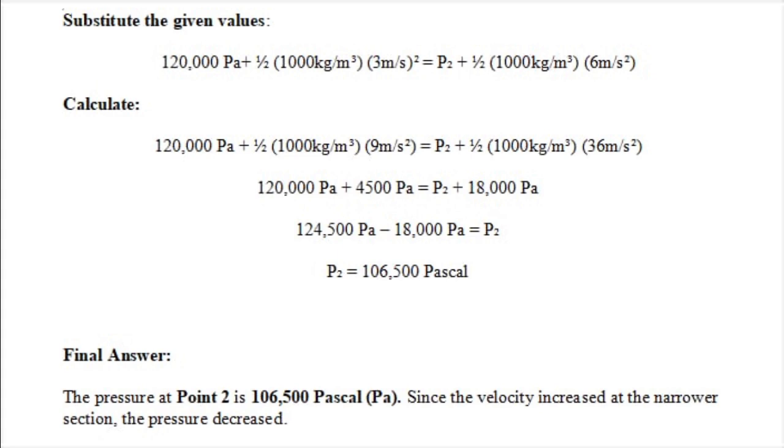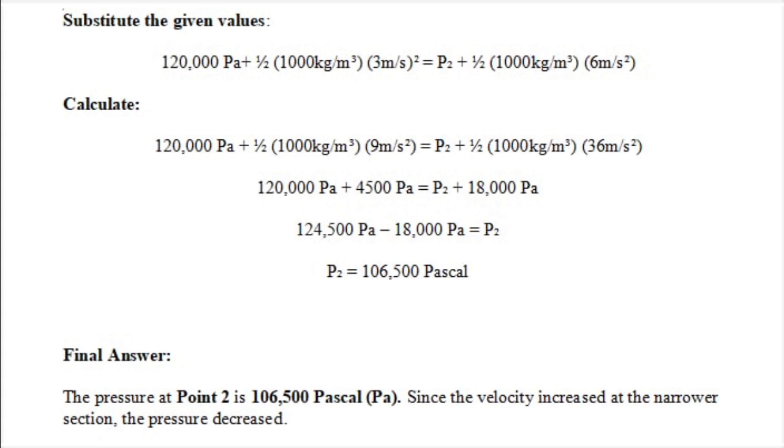Then multiply the 3 meters per second squared, which is equal to 9 meters squared per second squared, and the velocity of 6 meters per second squared, 6 squared is equal to 36 meters squared per second squared. Then multiply the 1000 kilograms per cubic meter by 9 meters squared per second squared. That will result in 4500 pascal.